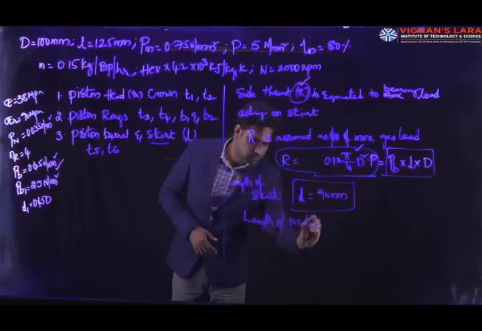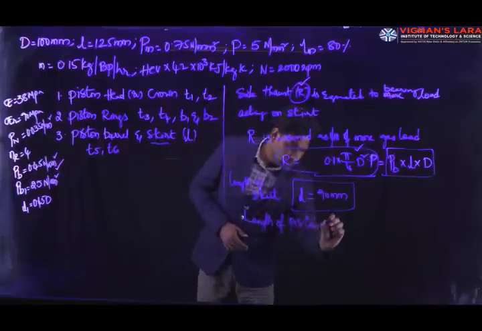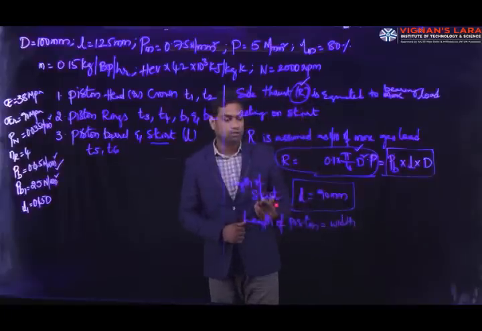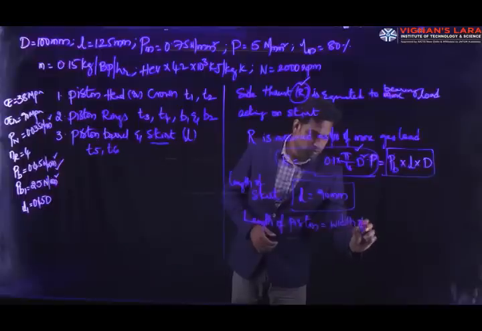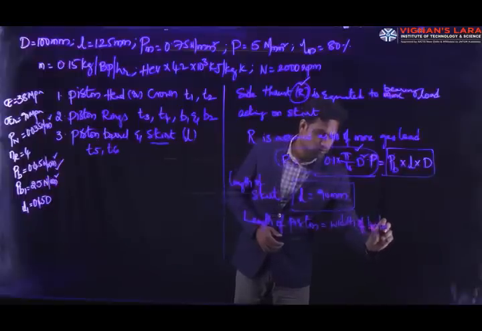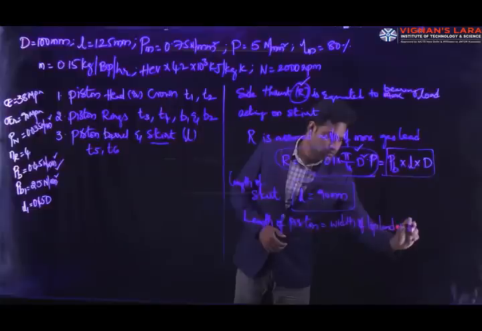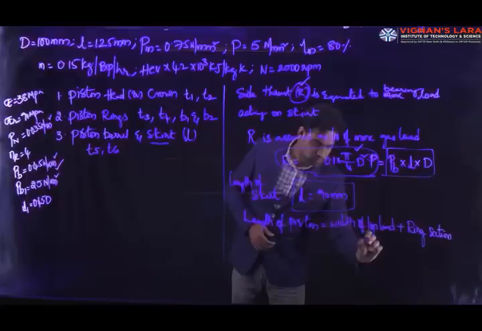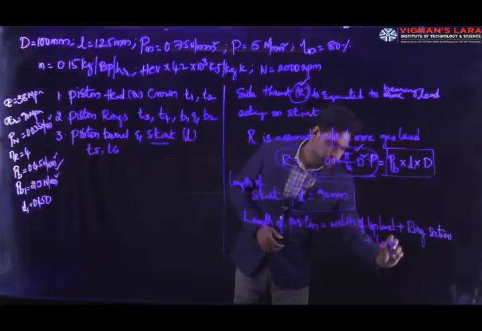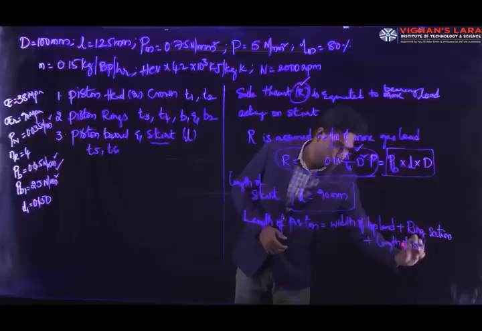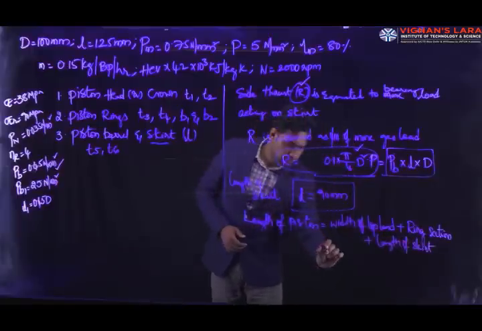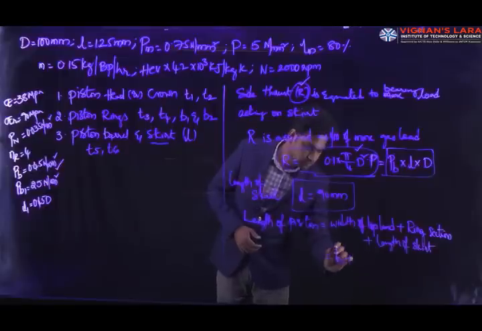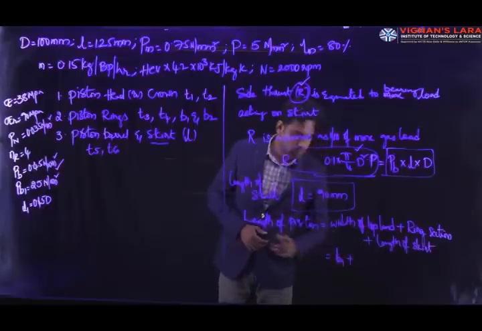This length of piston is given by the width of top land plus ring section of piston plus length of skirt. You can see it viewed from the top, so you calculate from the top. Initially the width of top land is there, denoted by B1, plus the ring section.